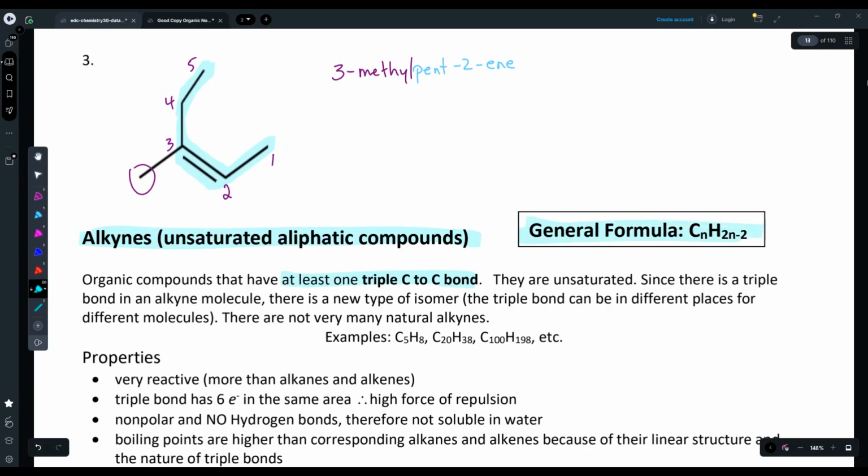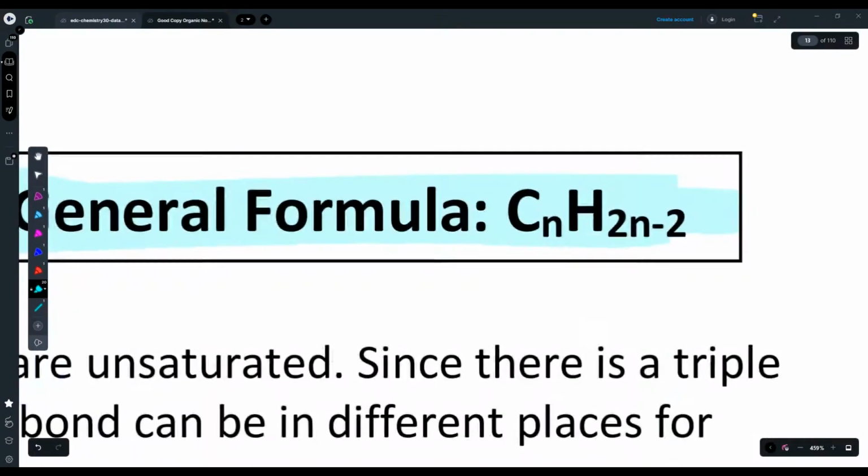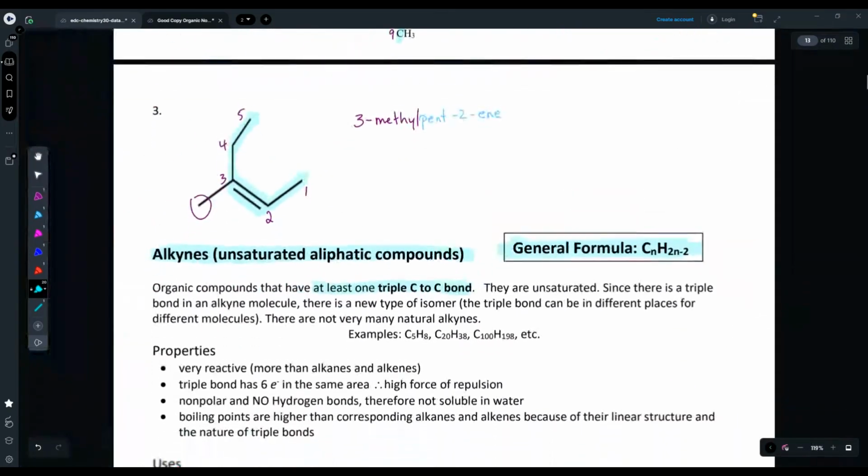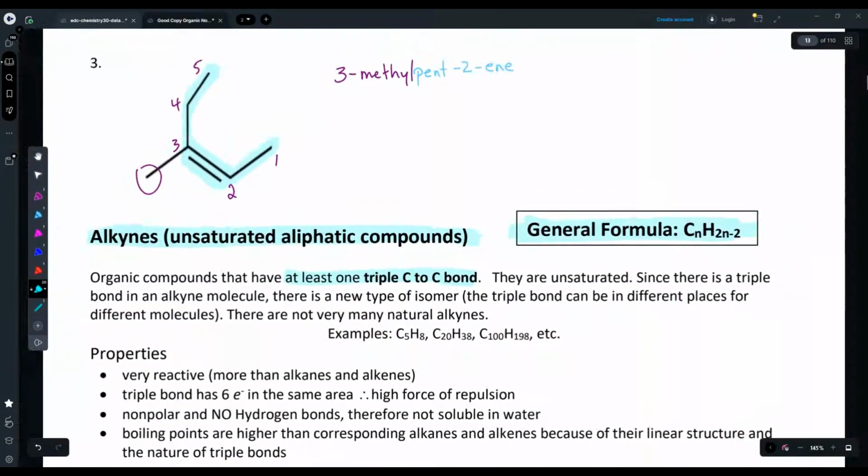The general formula for alkynes is that you have a certain amount of carbons, and your amount of hydrogens will be 2 times the amount of carbons you have, minus 2. Okay, so now that we're talking about compounds that have triple bonds in it, we got a new type of isomer. That just comes from, you can change where your triple bond is to create different molecules.